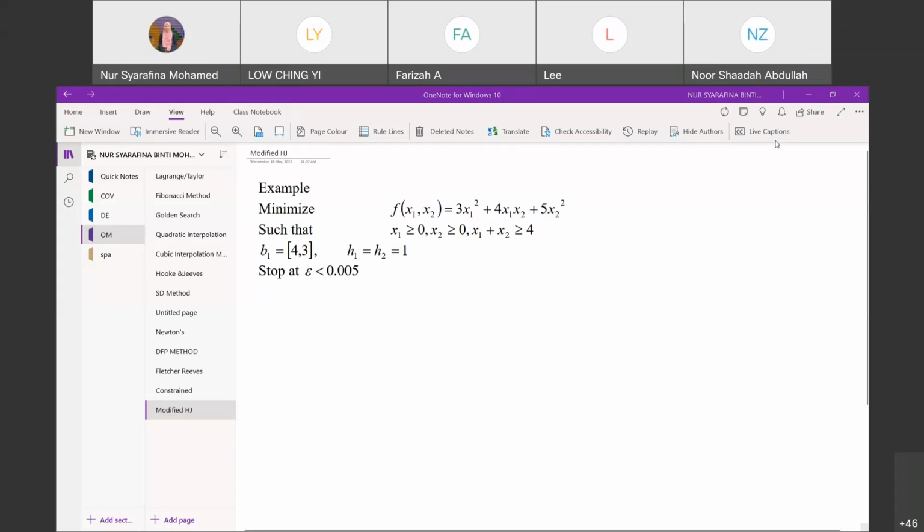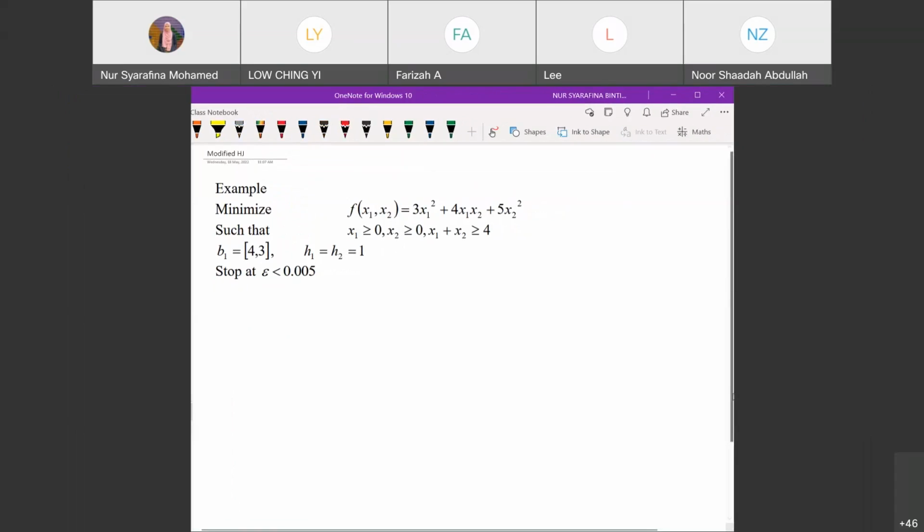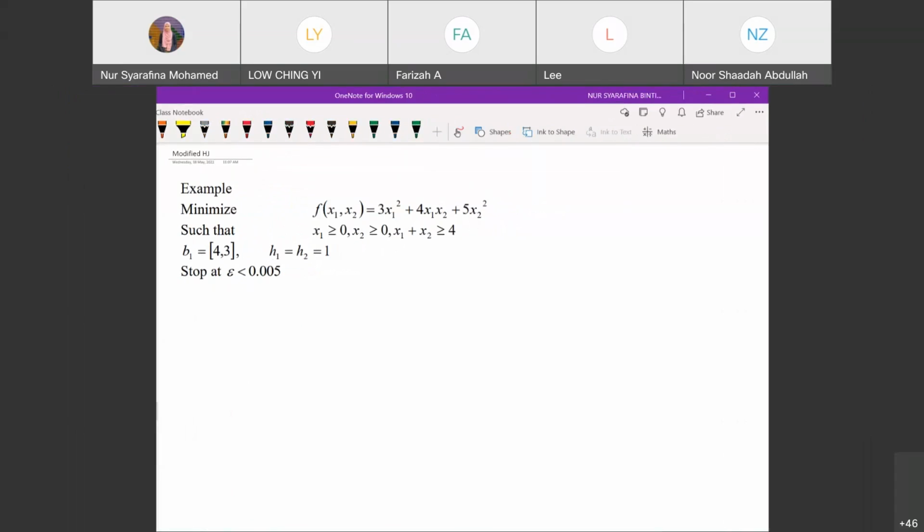So what is our first step here, what do we need to find? Revise your Hooke and Jeeves method. Anyone? Yes, we have to find the value of the objective function by using B1 there.